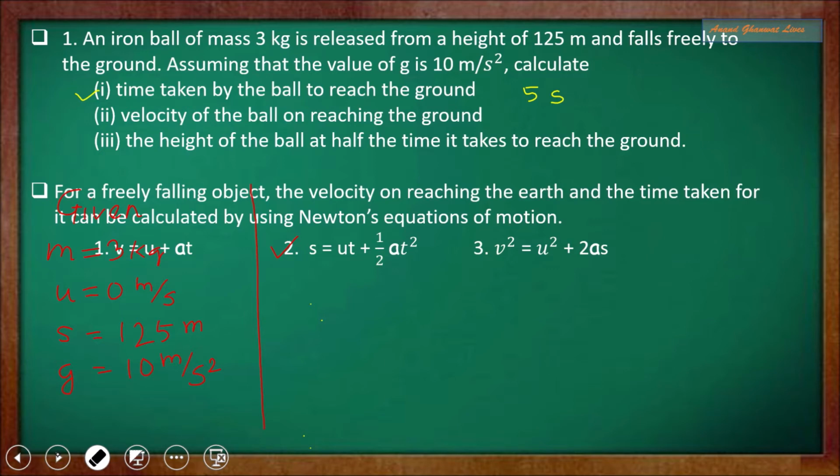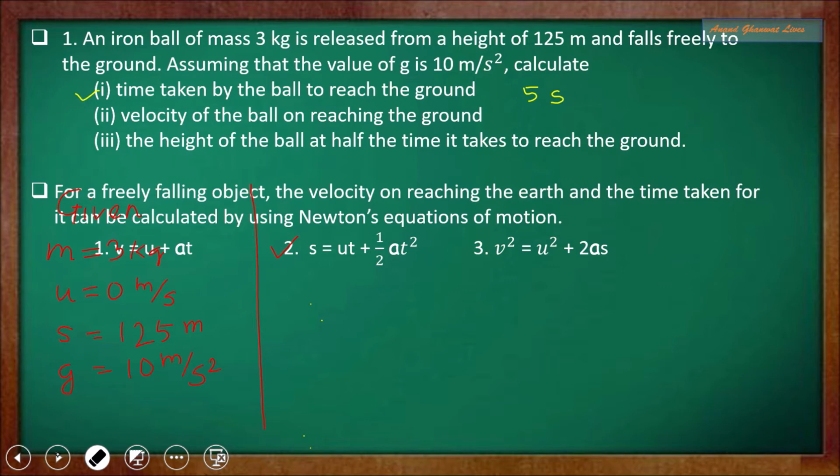So we have two choices, v is equal to u plus at and v square is equal to u square plus twice as. We can choose any one choice because in v is equal to u plus at there is one unknown for us, and in v square is equal to u square plus twice as there is also one unknown for us.